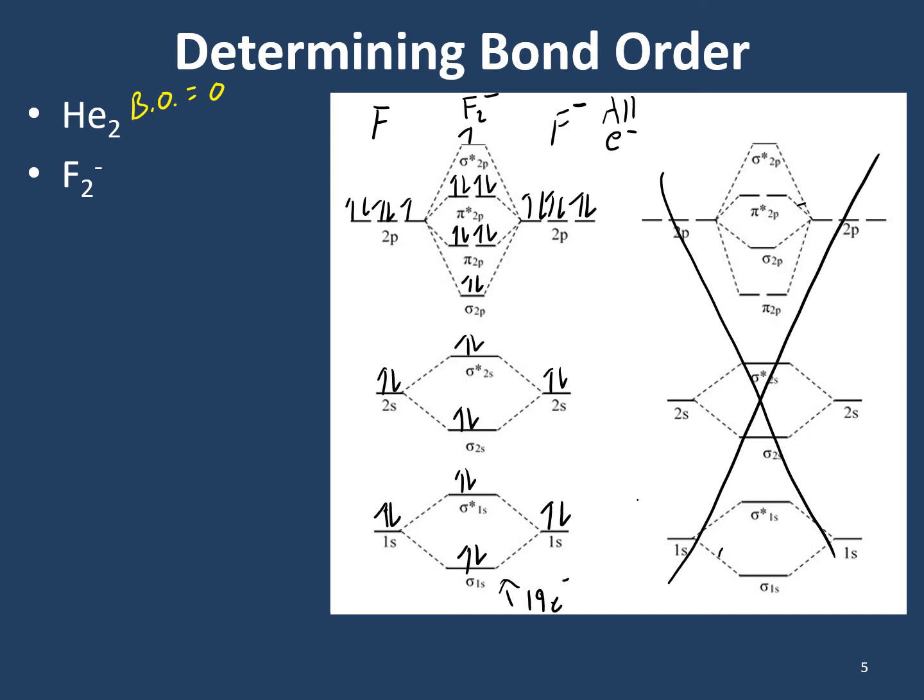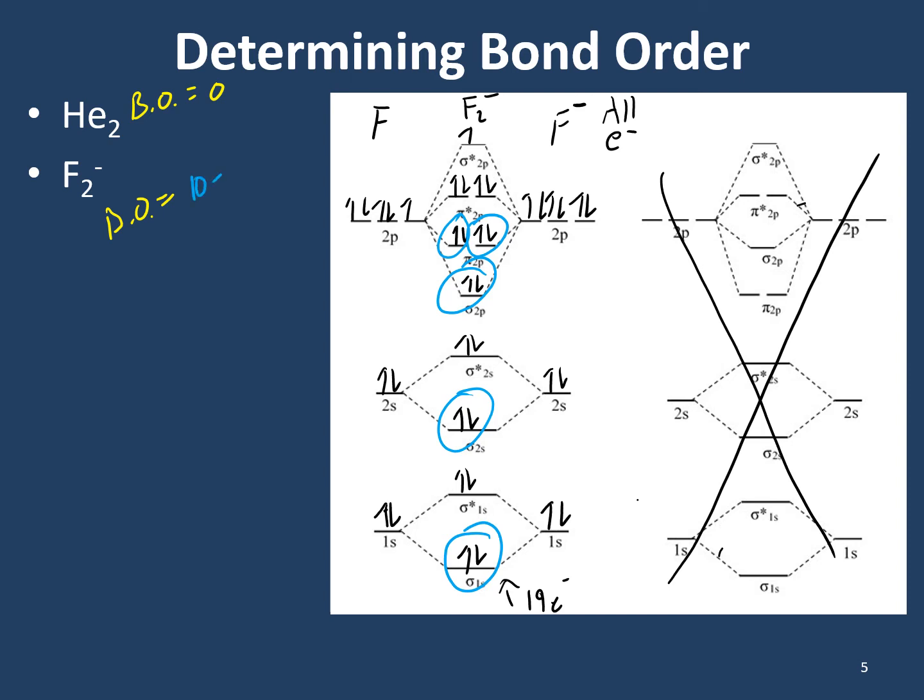Now we can calculate the bond order. Our bond order calculation here would use all our bonding electrons. So let's count those: 2, 4, 6, 8, 10. So I have 10 bonding electrons.